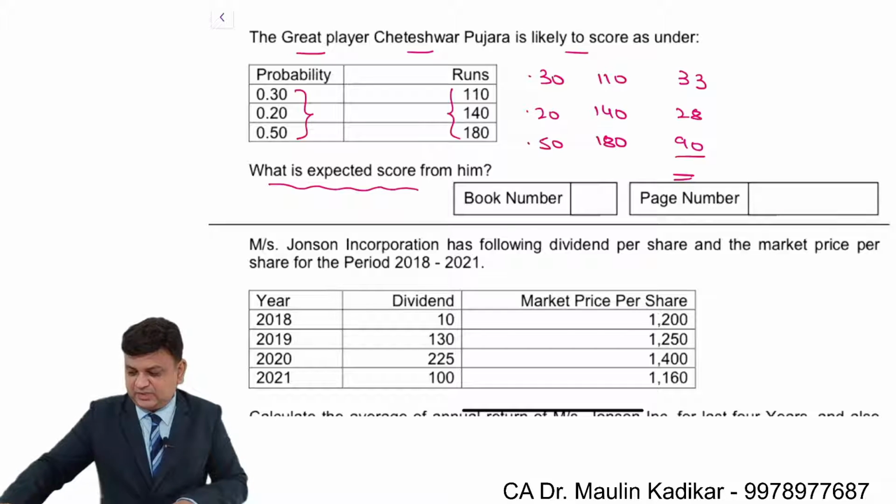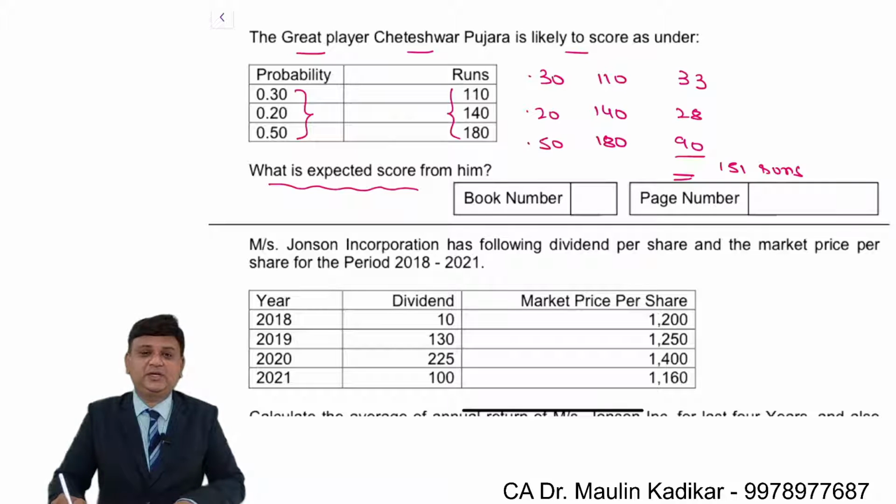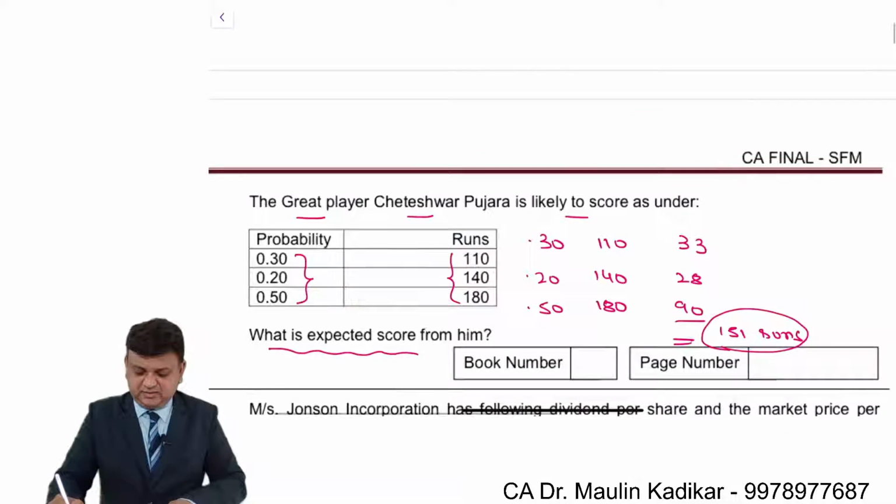So 33 plus 28 plus 90, so it is 151 runs. So we understand that the expected score of Cheteshwar Pujara in his next match is 151 runs. This is what we understand.